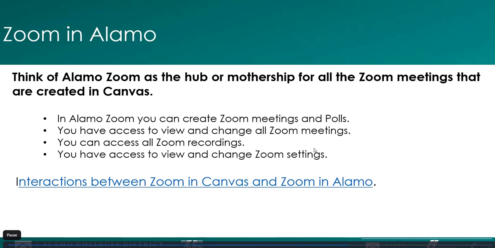So the steps of creating a Zoom meeting are going to be the exact same steps whether you do it in Alamo Zoom or Canvas. It's hard for me to say that there's an advantage of Canvas versus Alamo Zoom, simply because it depends on what your class needs.